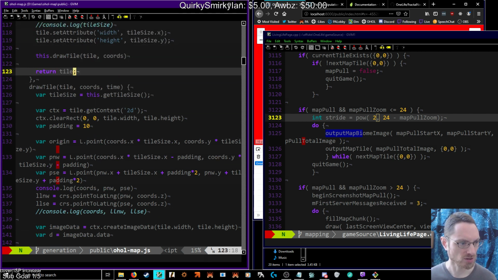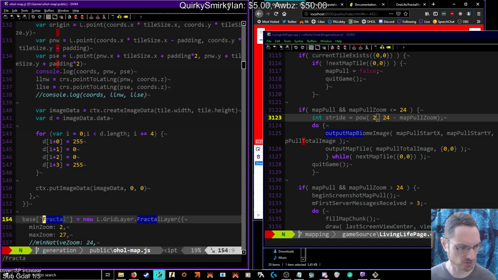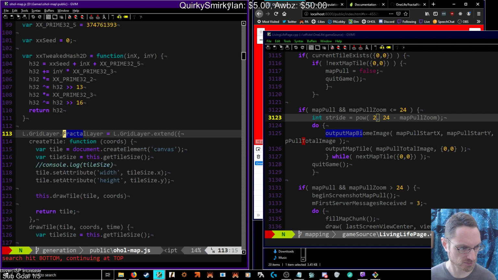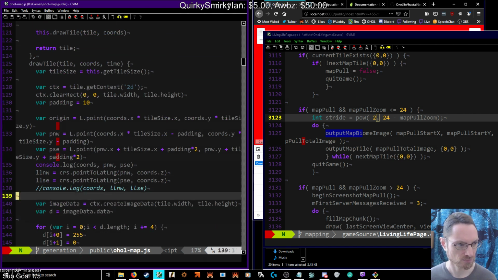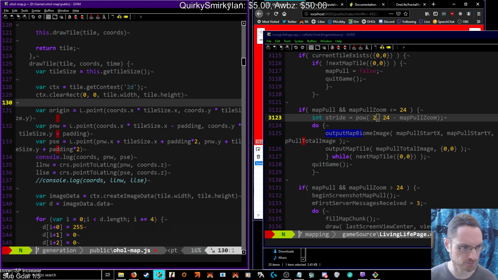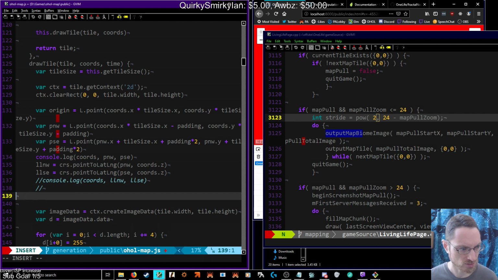All right, so draw tile. We need fractal, not point. Oh, I just never get rid of padding this time. So we need, so for this I might only need one of the corners.